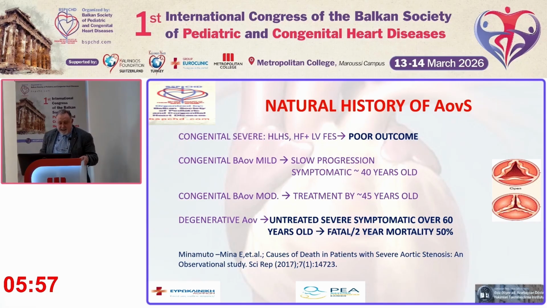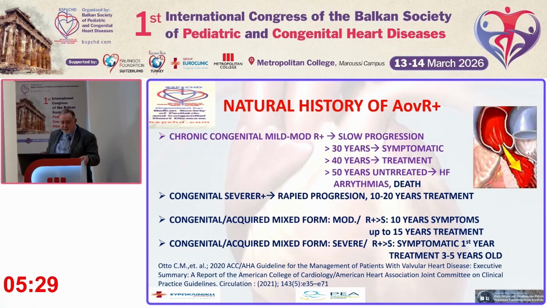In congenital bicuspid moderate stenosis, treatment plans must be done before the patient reaches 45 years of age. And in degenerative aortic valve, untreated severe symptomatic stenosis over 60 years old is fatal, and every 2 years the mortality rises by 50%.